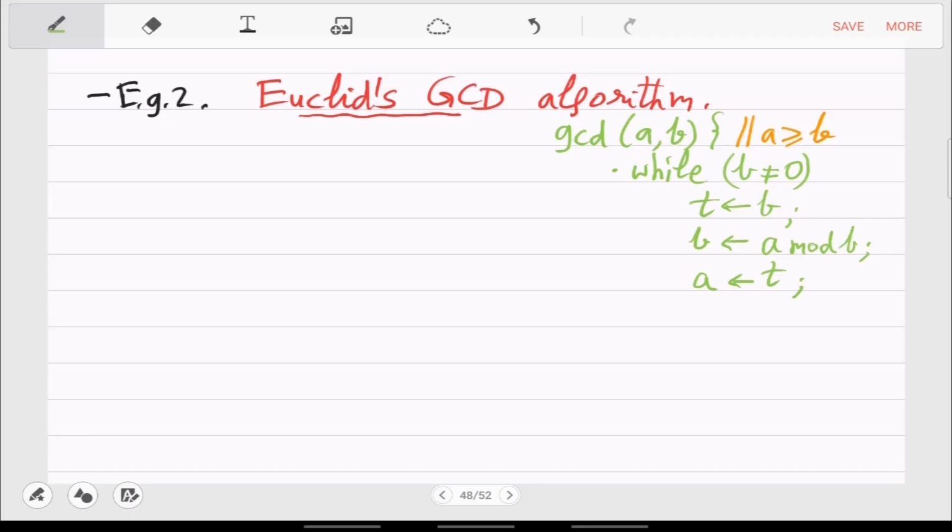Okay, so A continues to be at least B, but the new B is strictly smaller than the old B, and in magnitude also, not just in sign, but in magnitude, the way you will define remainder A mod B, the magnitude will actually fall.